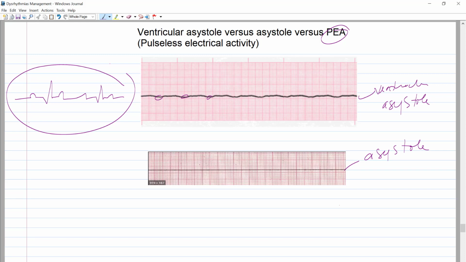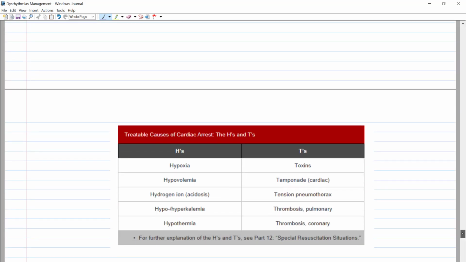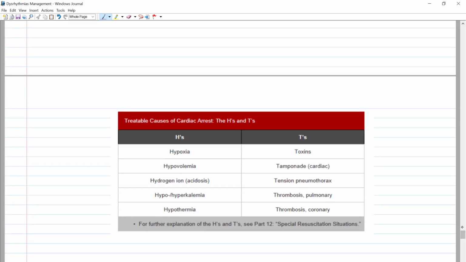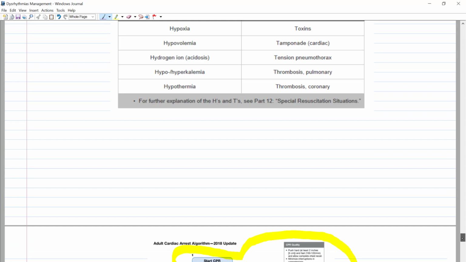And remember that the treatment for ventricular asystole versus asystole or even PEA are the same. So let's look again at any of the arrhythmias I mentioned. Find out what's the cause. Look for the H's and the T's.